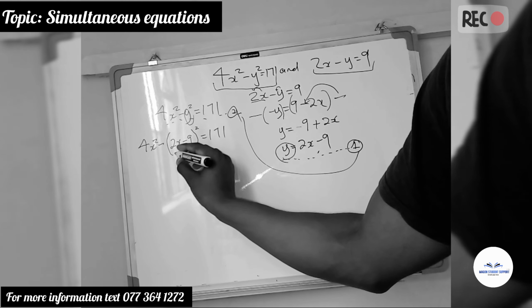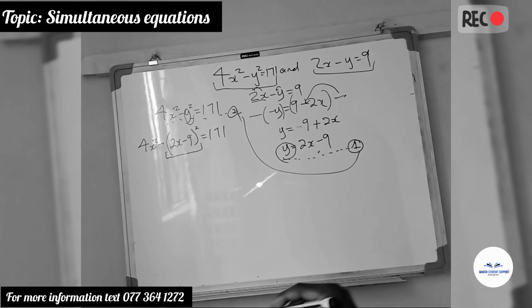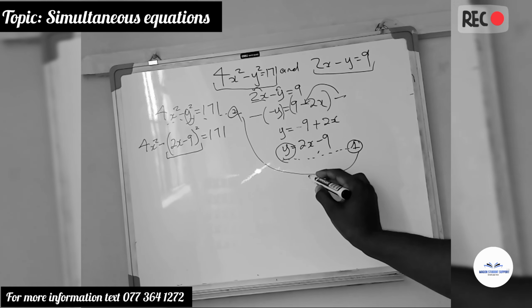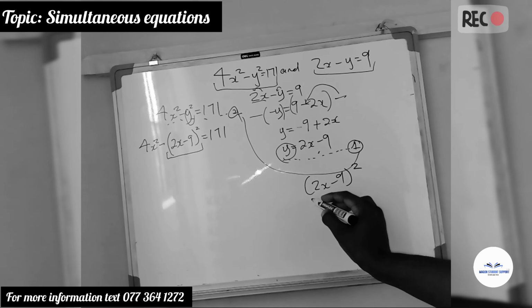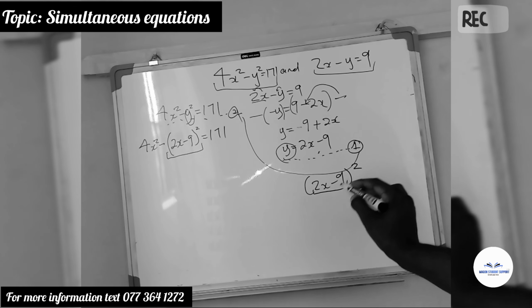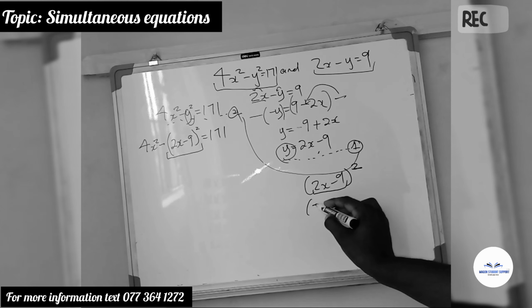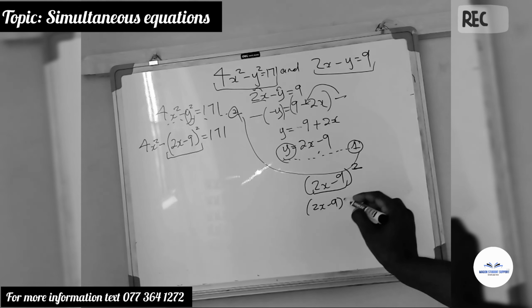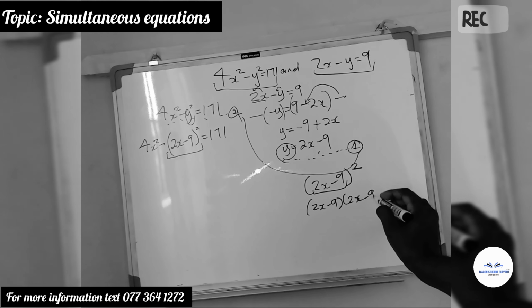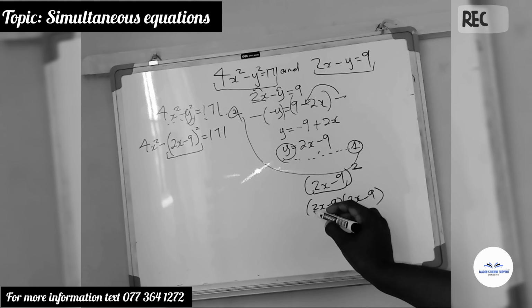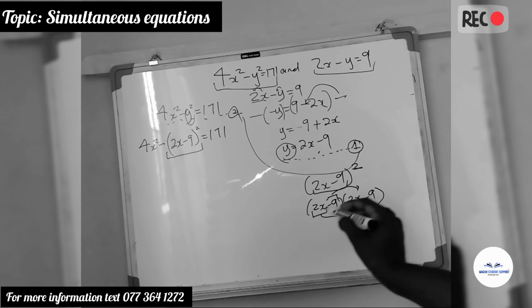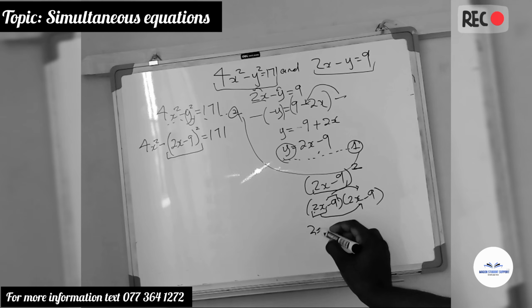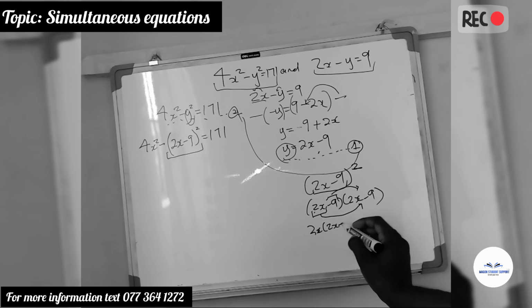Then you have a binomial squared. It's 2x minus 9 squared. This means that this binomial term repeats twice. So this 2x minus 9 repeats twice, 2x minus 9. Once it repeats twice, you distribute like this. You take this one and multiply this side, and then you take this one and multiply this side. You take 2x, you multiply 2x minus 9.